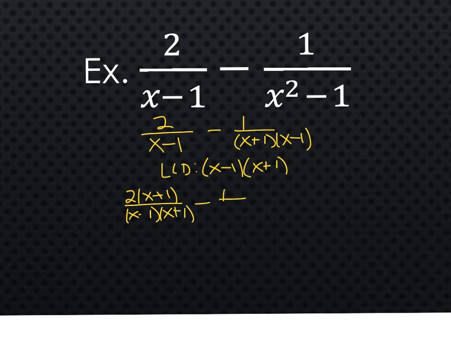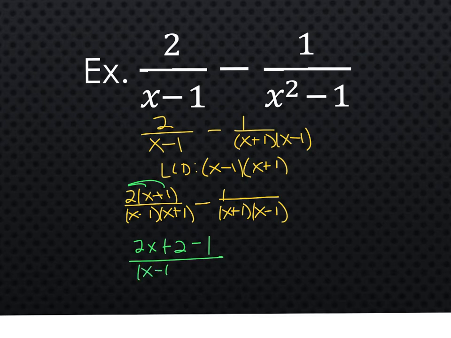The second fraction remains unchanged because the common denominator is already represented in the lowest common denominator. From this step, you can distribute in the same step if you would like to, and write as one fraction. So 2x plus 2 minus 1 over x minus 1, x plus 1, which gives us a final answer of 2x plus 1 over x minus 1, x plus 1.